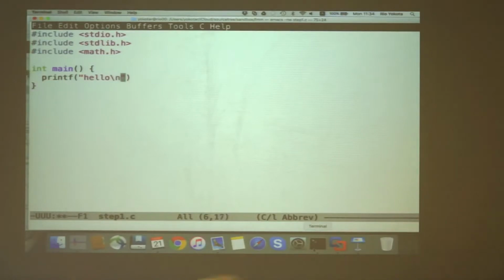Why don't we write a hello world, for those of you who haven't been programming for a long time? Okay, so let's see if this works. Oh, it's fine.